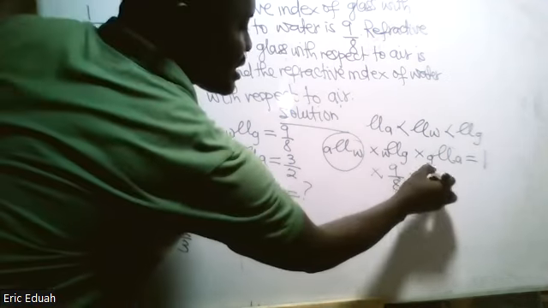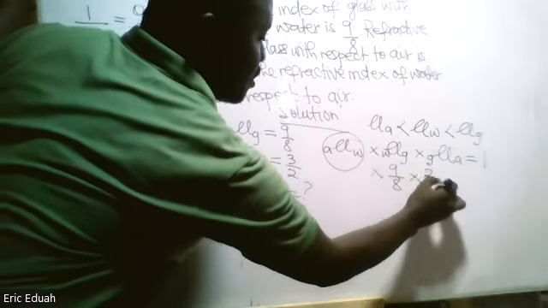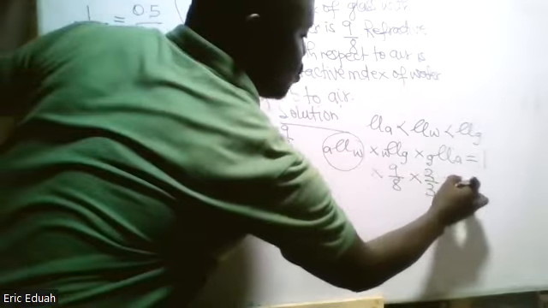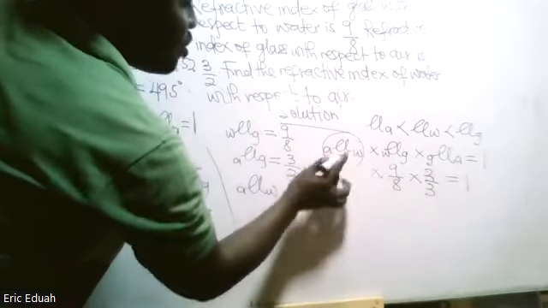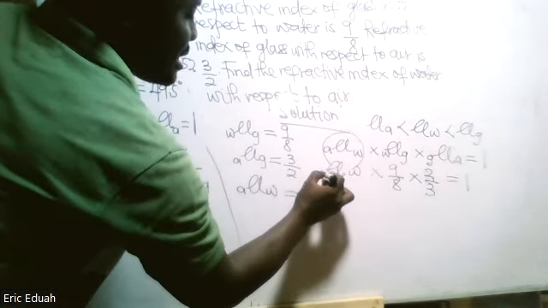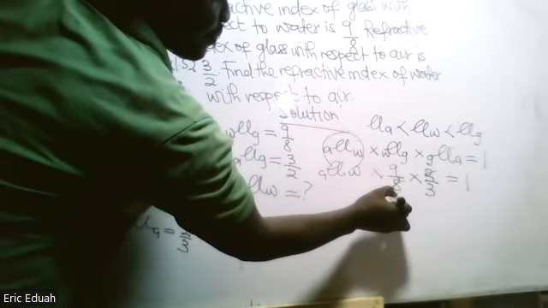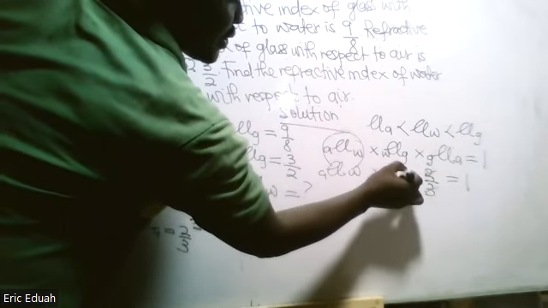Let's put it in. So this 2 on 3 is equal to 1. And don't forget, this is what we are looking for, so you make that the subject. 2 would go into this 4, 3 would go into this 3.